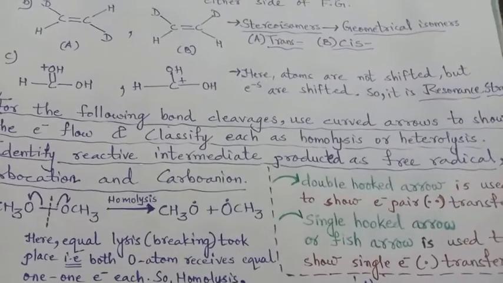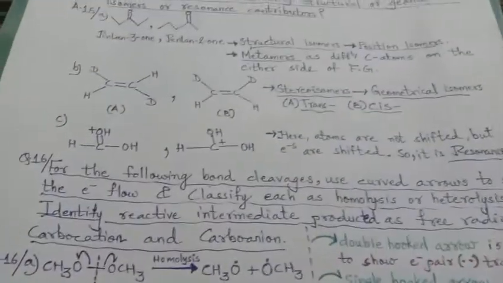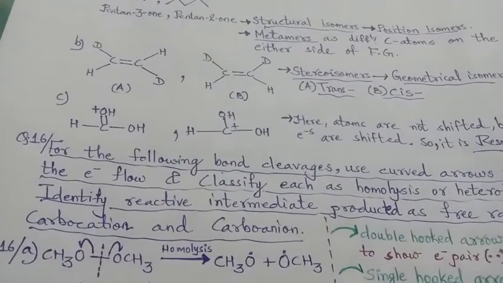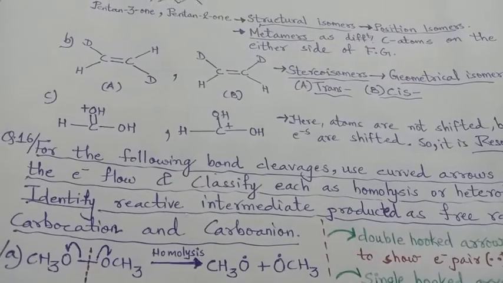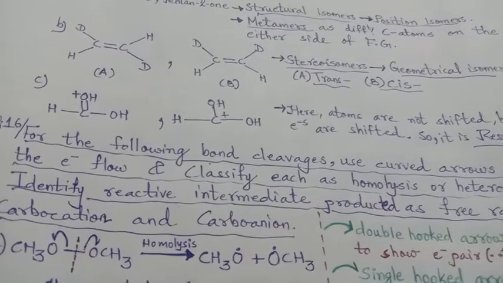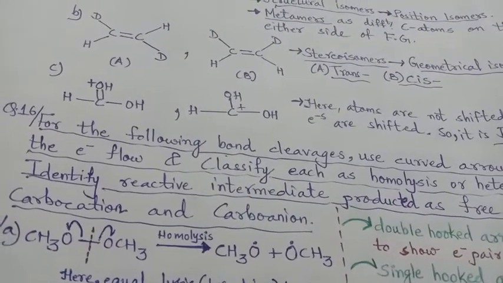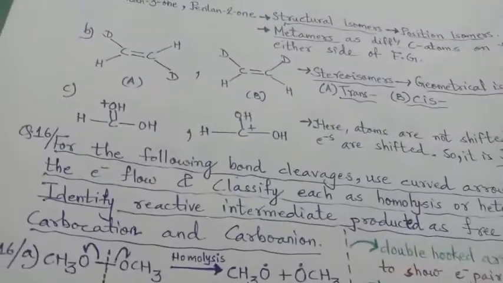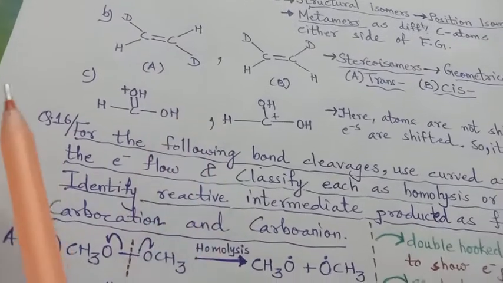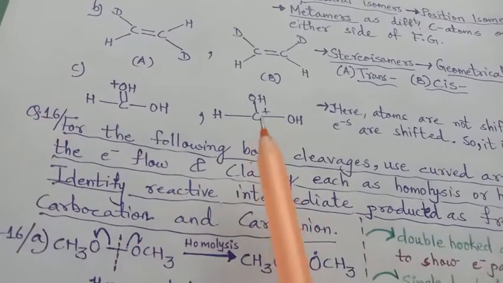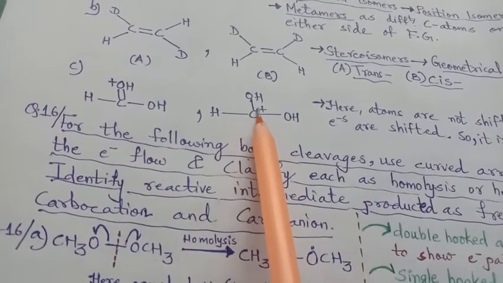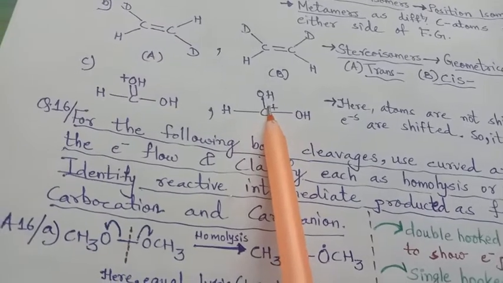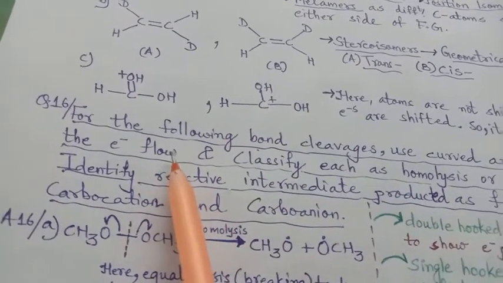So here we can't see a similar structure. Can we see any similar structure? No, because here a double bond is present. It is the alkene family, and here it is a single bond, right? So it is the alkane family.